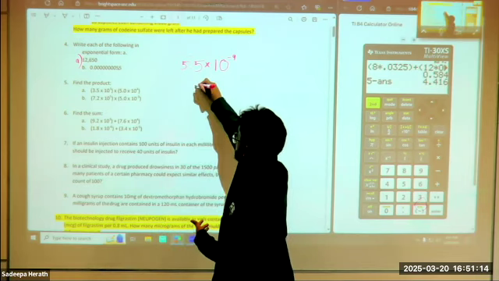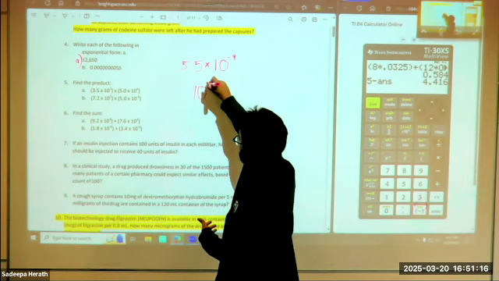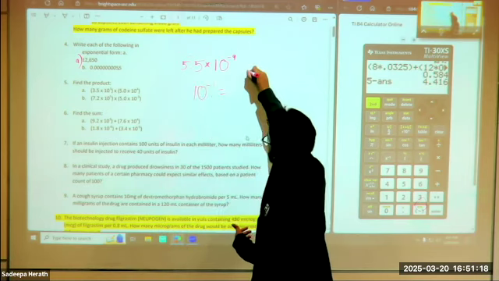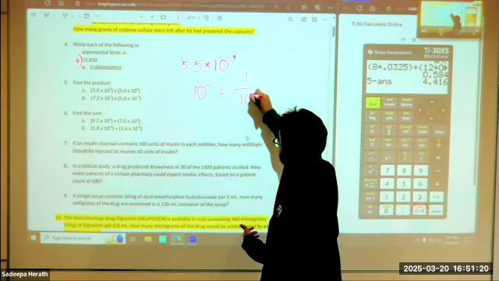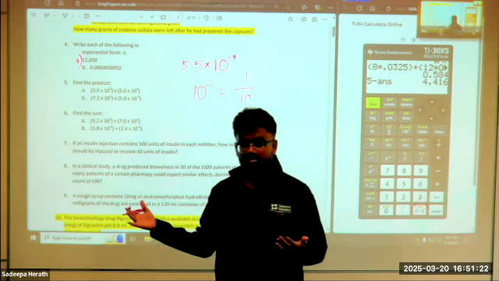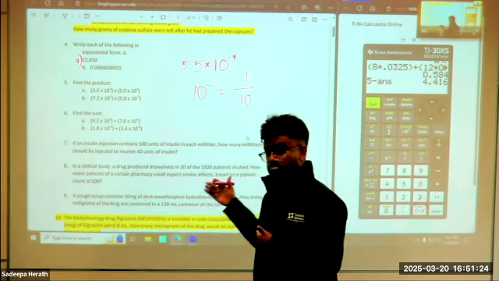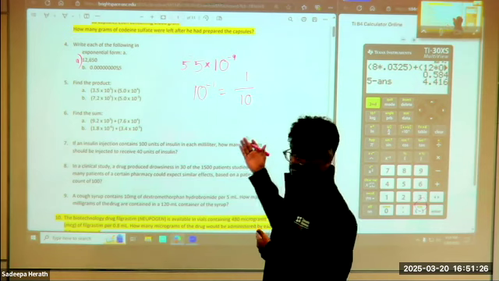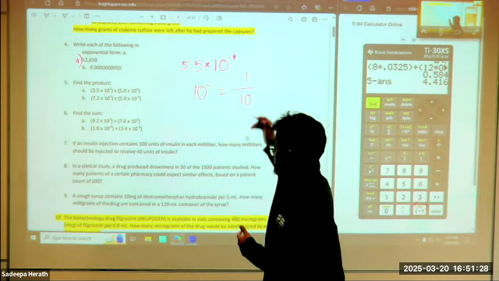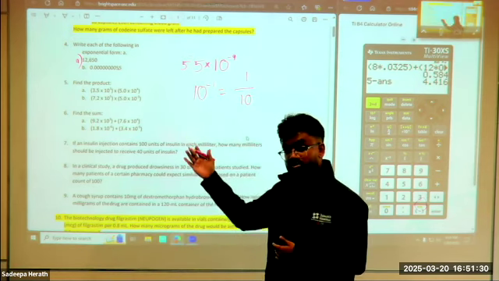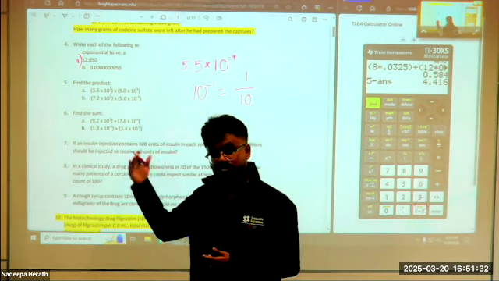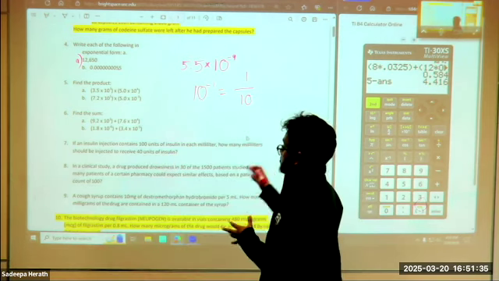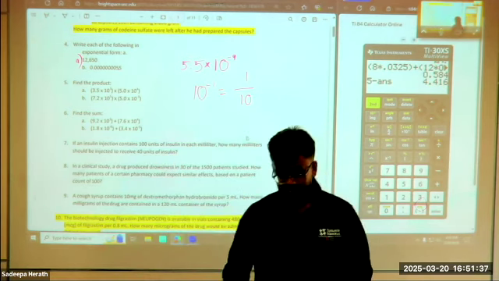So just for example, 10 to the negative 1 is also 1/10. So 1 over 10 times 9 is also 10 to the negative 9. So that's where that concept is.